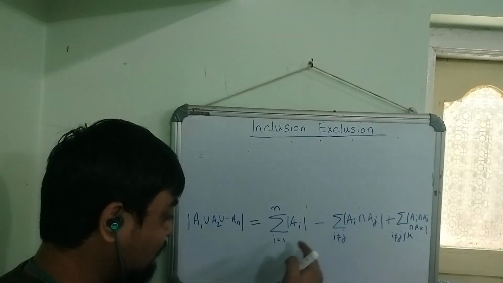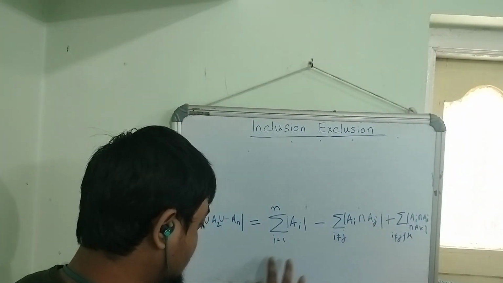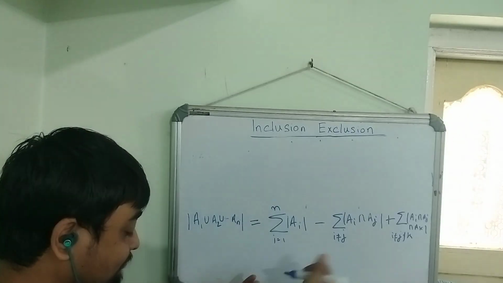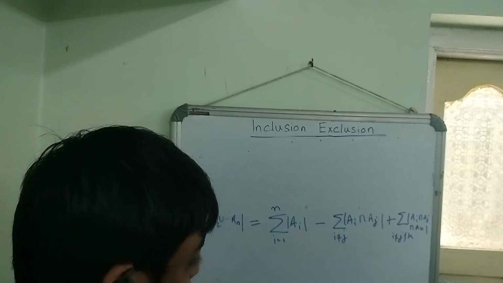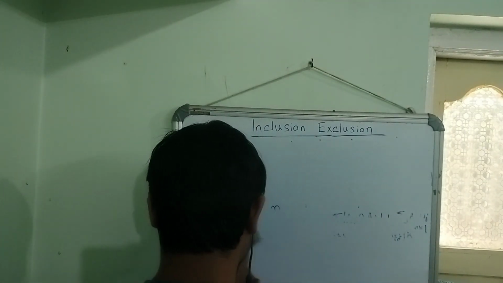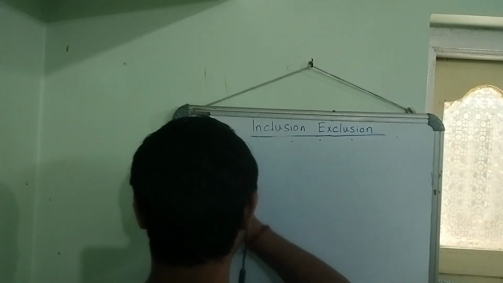The next it will be subtraction because there was a plus here. Subtraction taking four at a time. Okay, you got it. This is how the inclusion exclusion principle goes. So this is the following nice pattern.